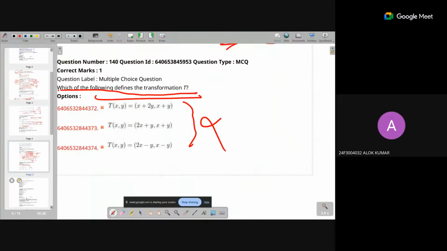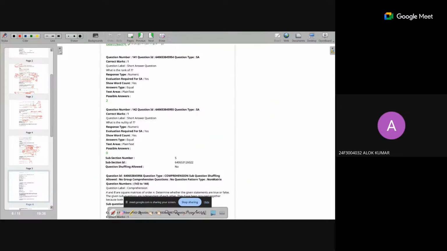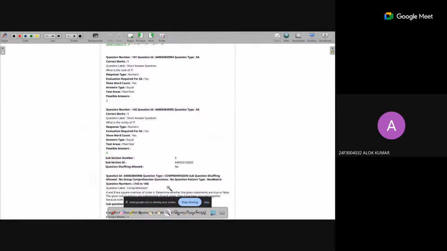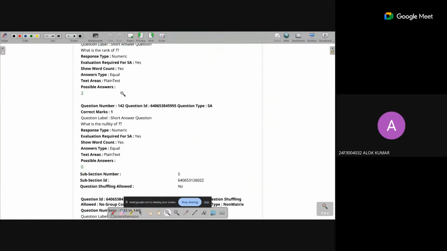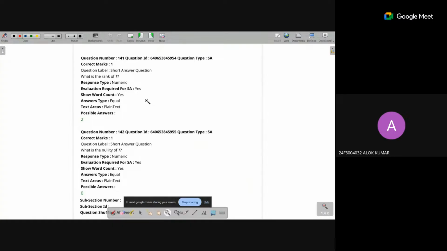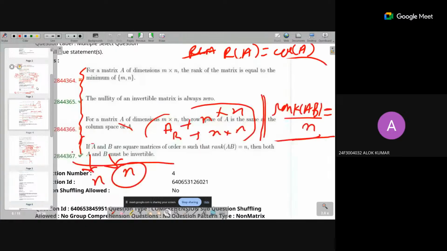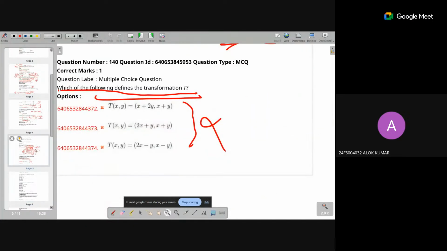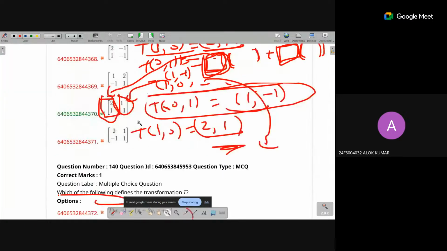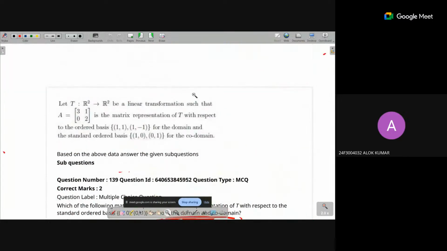Now the most interesting part of this question: rank and nullity of the transformation. If you have two matrices, this A with 3 comma 1 and 0 3, this is the matrix of the linear transformation.